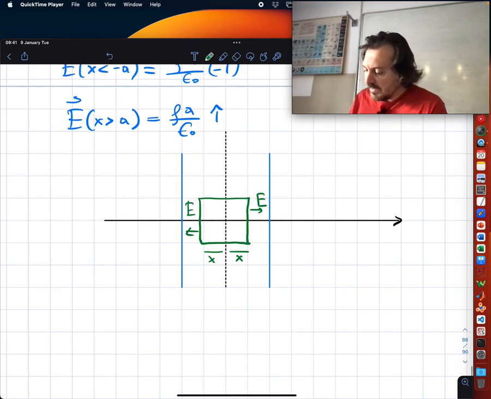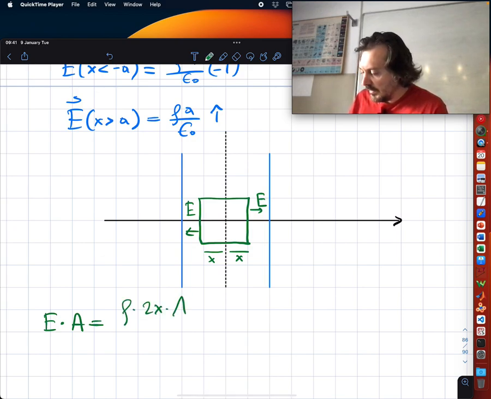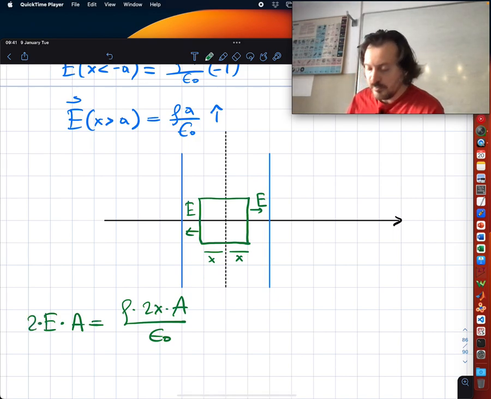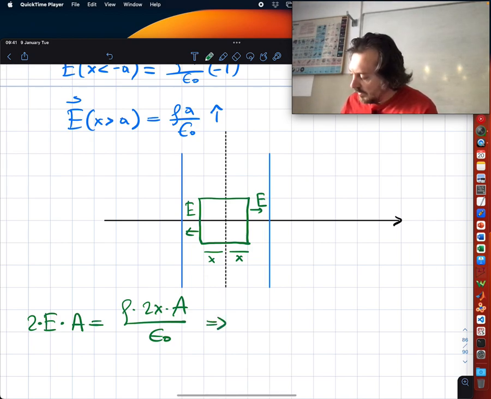So that electric field that depends on x times the area must be equal to rho times 2x times area over epsilon 0. Do you agree with this? Why didn't we say 2EA? We have again 2. Exactly. Very good point. It's 2EA. Very good. So we get E equals rho x over epsilon 0.